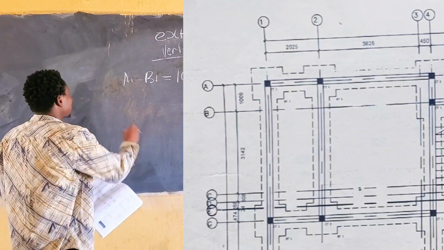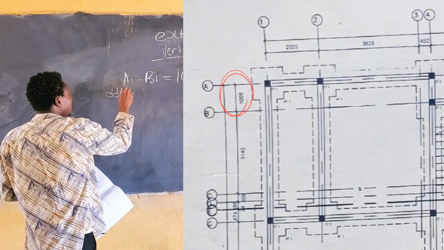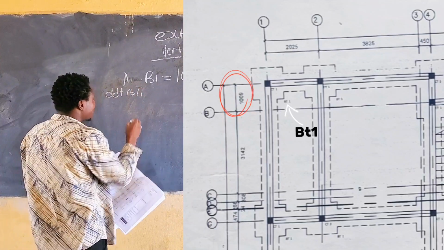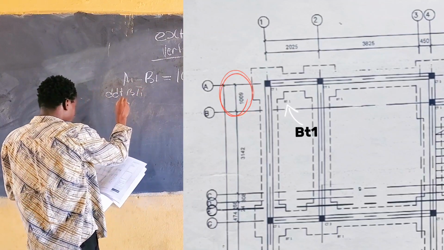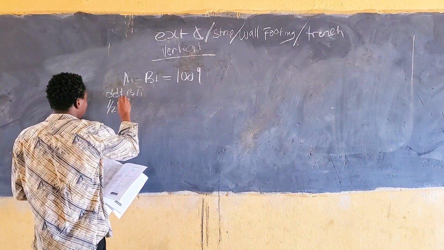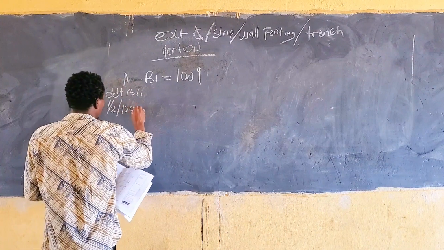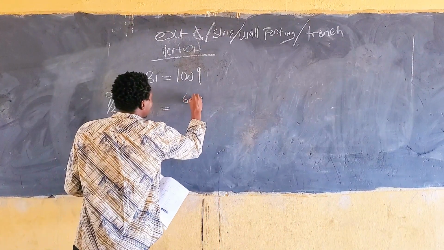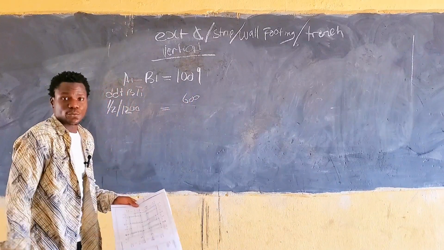Then you now say deduct base type 1, because it's base type 1 that's there, which is only half of 1200. But this will be too time consuming.